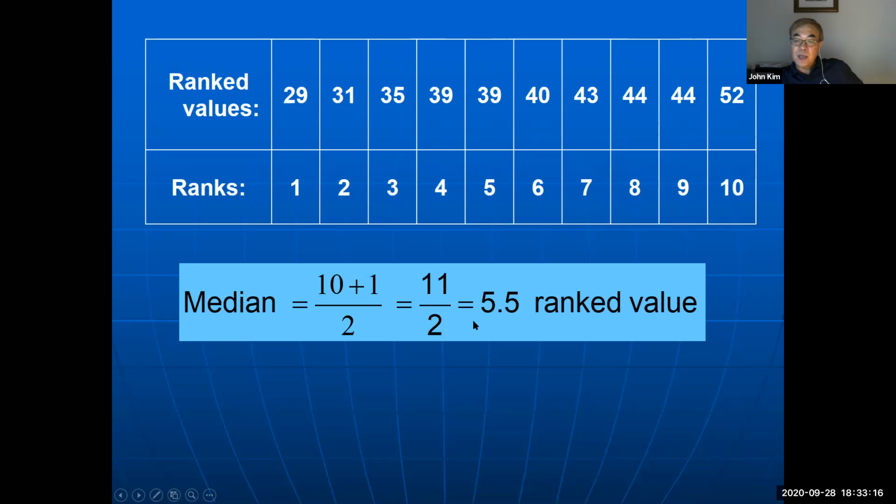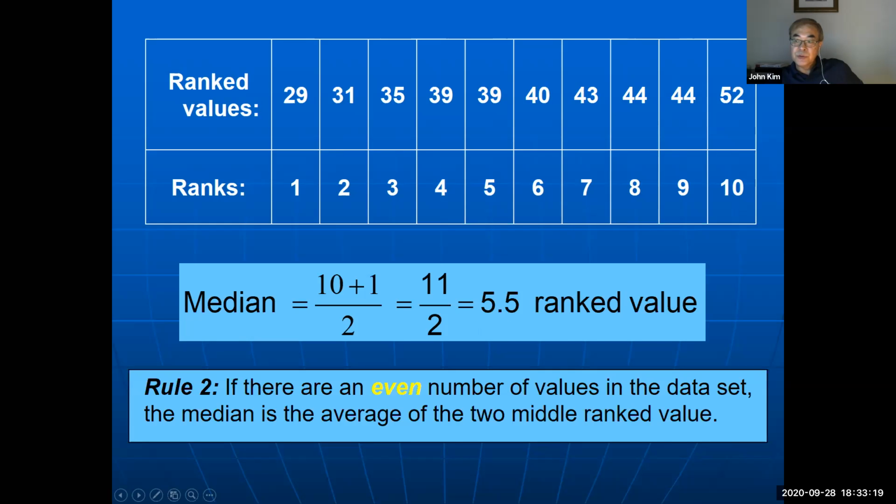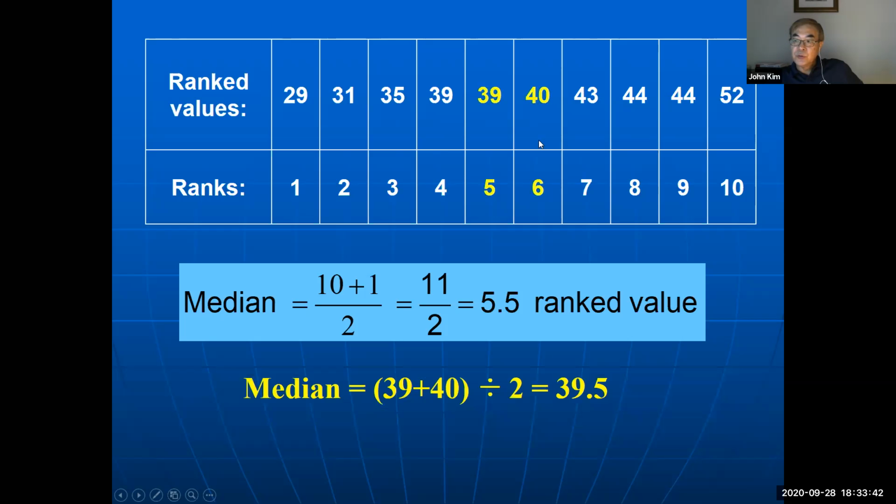So in this case, rule number 2, add 2 adjacent numbers divided by 2. So here, 5.5, between 5th and 6th. Add 2 adjacent numbers, 39 plus 40 divided by 2 equals 39.5. So in this data set, 39.5 is the median.